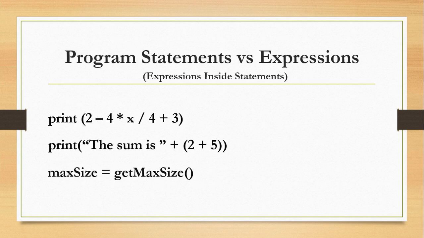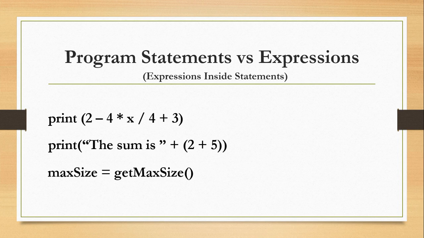Another good example is where we say for instance max size equals get max size. Now this is simply a method that is being called. Invoking the method get max size, that is calling the method get max size, is going to cause a certain operation to happen, and that operation will definitely do something and bring a value in return.